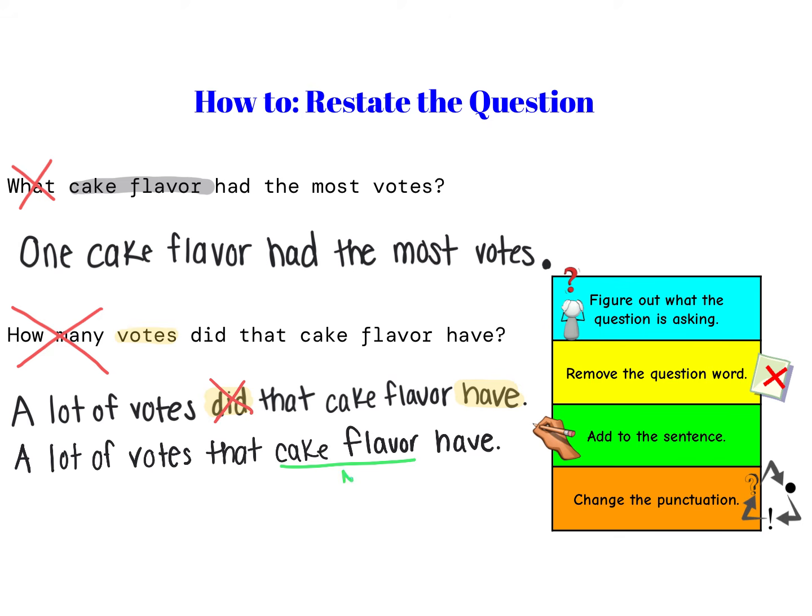This is my noun. The verb in this sentence is have. And the details for this sentence are a lot of votes, because what does my cake flavor have? It has a lot of votes. Now I'm going to rewrite this sentence using the noun verb detail model.